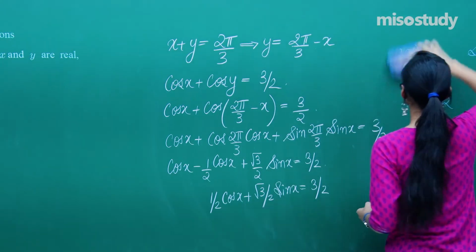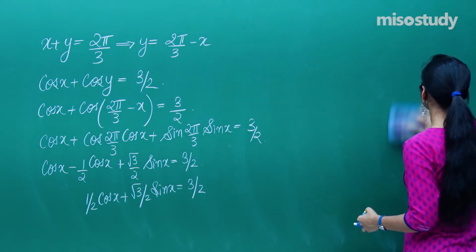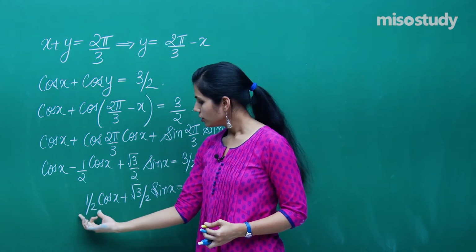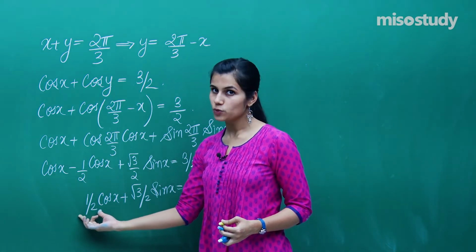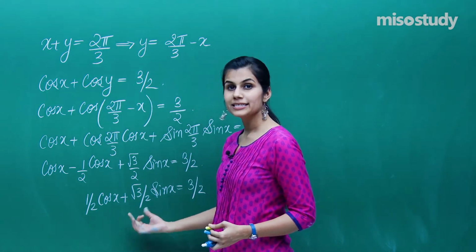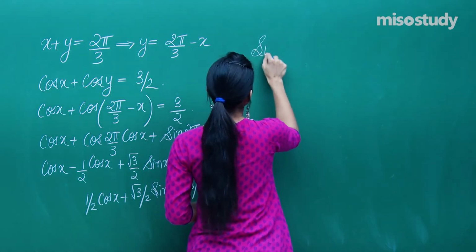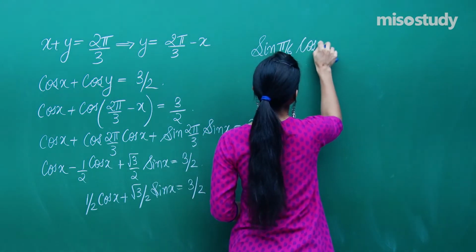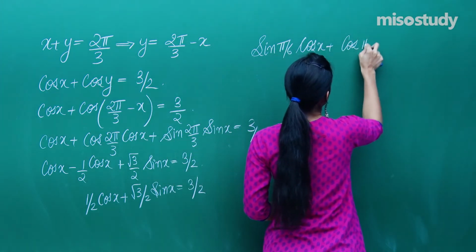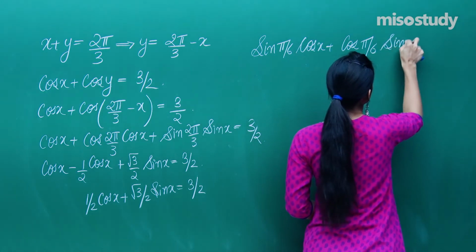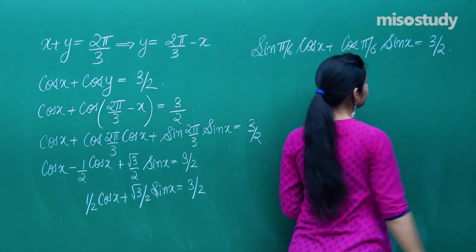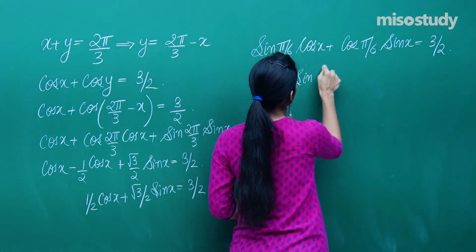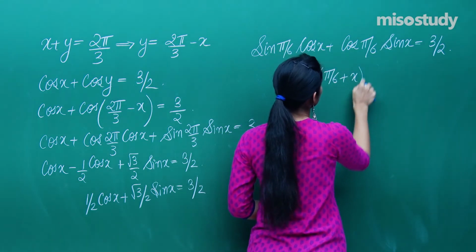Next, here, now see, I know that sine of pi by 6 is 1 by 2 and cos of pi by 6 is root 3 by 2. So I can alternatively write it as sine pi by 6 into cos x plus cos pi by 6 into sin x equals 3 by 2. Sin a cos b plus cos a sin b is sine of a plus b.